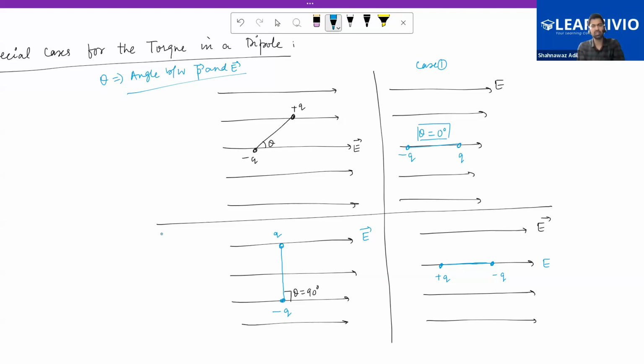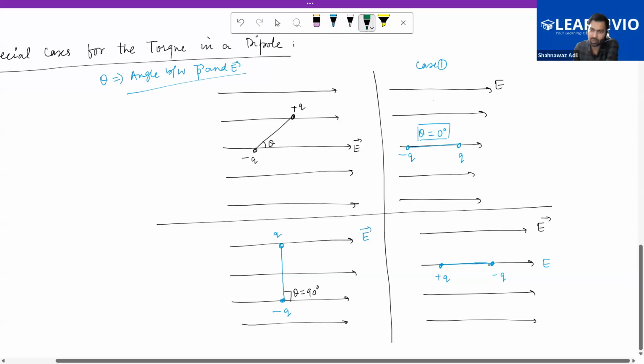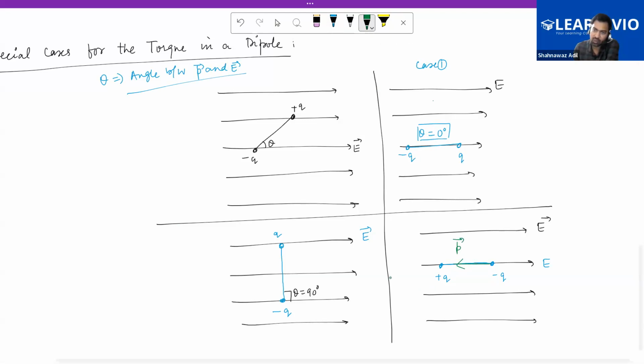So P is minus to plus, so this is in this direction. This is P. What is the electric field? In this direction, right?